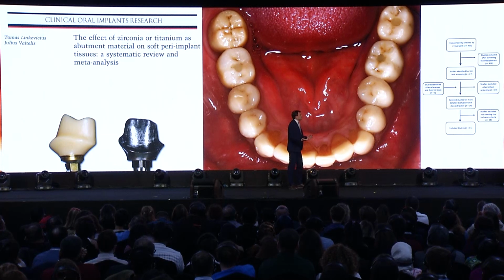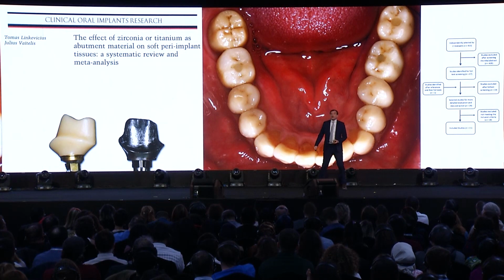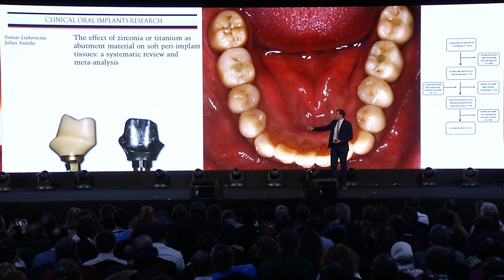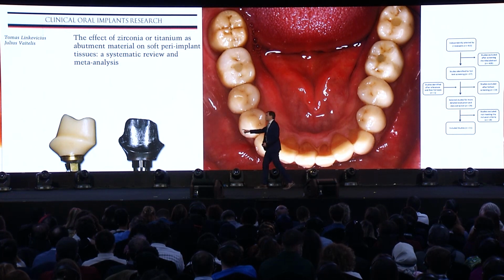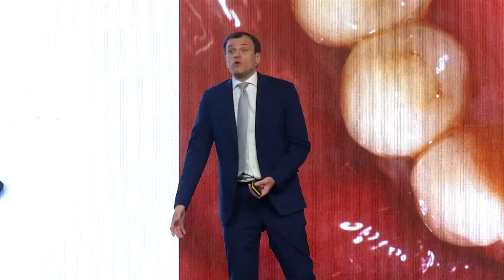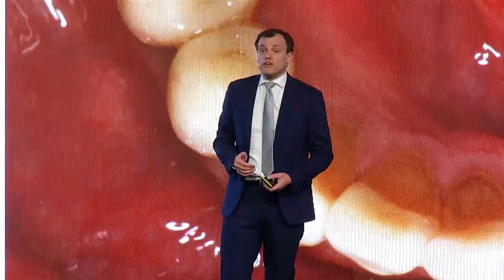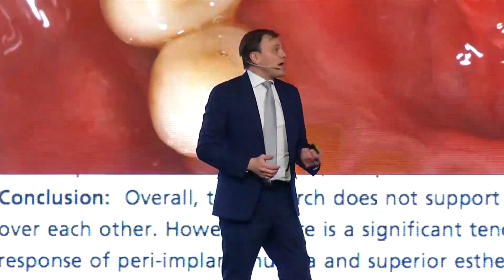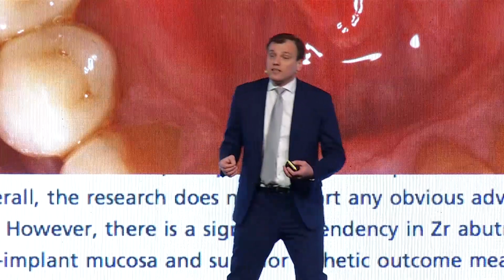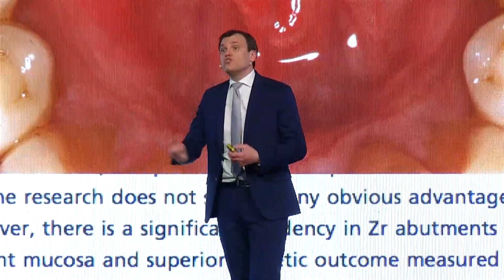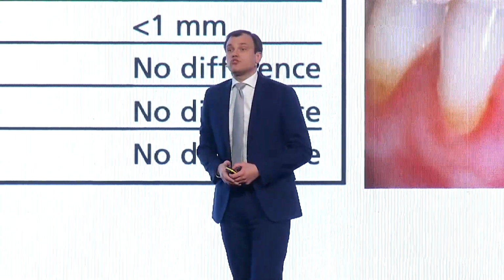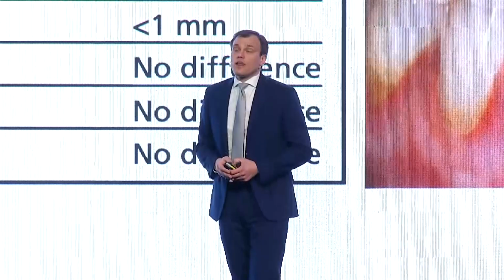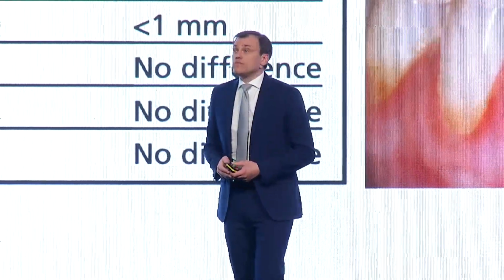Now, several years ago, I did a systematic review where we compared zirconia abutments with titanium abutments, because again, we need some evidence to say which material is better and which material is worse. The outcome of the systematic review said that there is no difference in the materials except that you have a better pink aesthetic score around zirconia restorations.